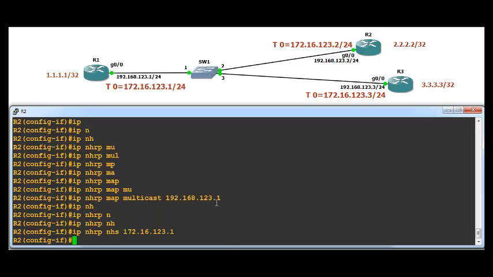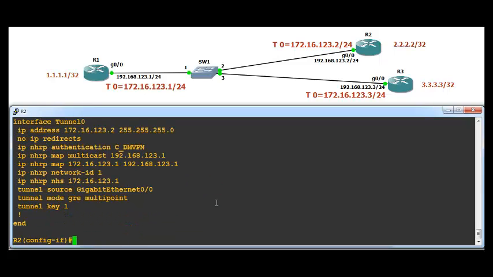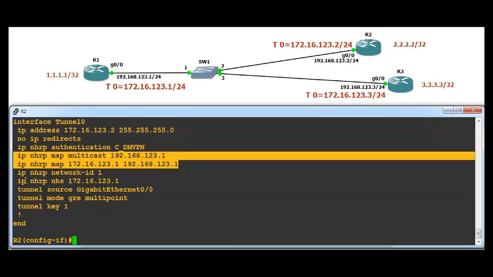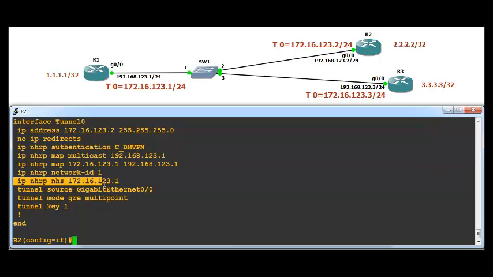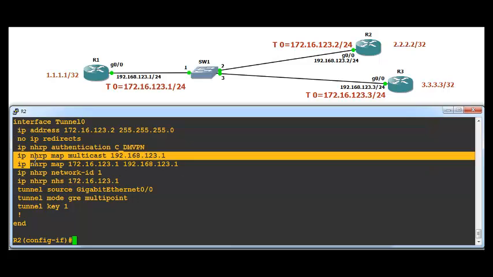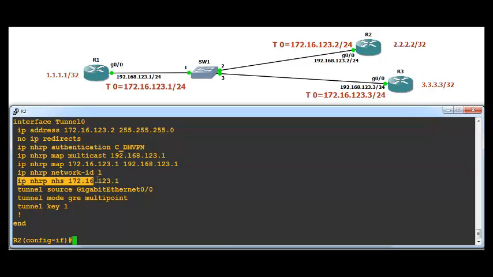Let me show you those simple commands. Do show run interface tunnel 0. These are the 3 new commands we typed. These 2 and this one. Only these 3 commands you need to remember for the spokes.